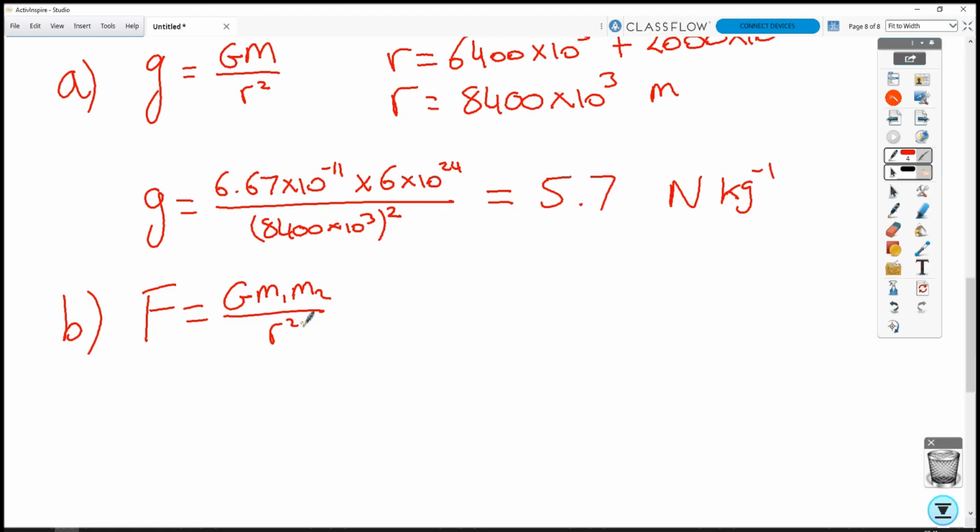So if we've already done Gm1 over R squared, we can just substitute that for g. And you'll notice it gives us a familiar equation, F equals m2 g, where m2 is the mass of the satellite.